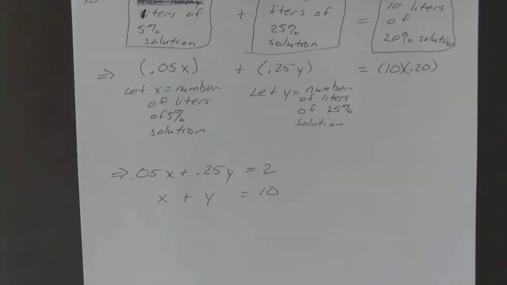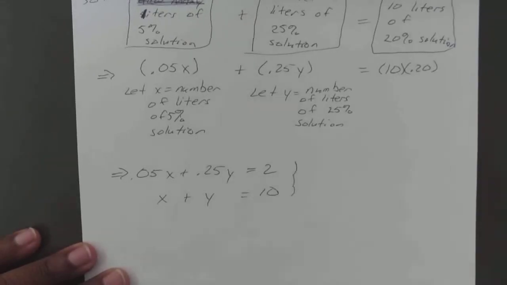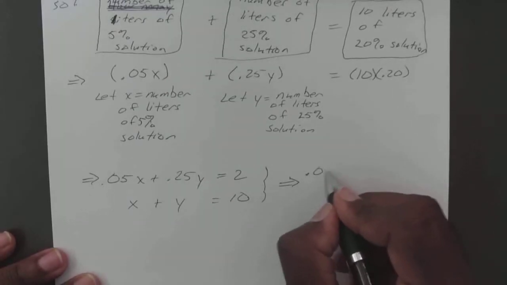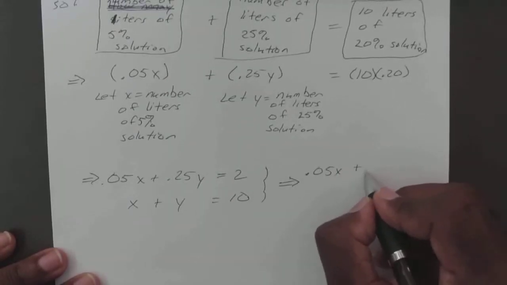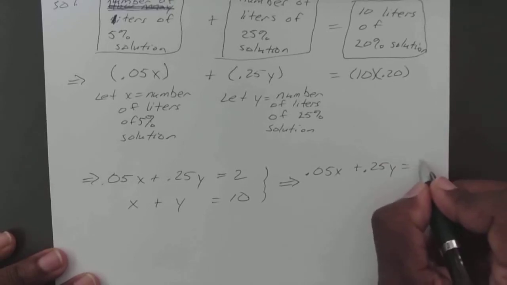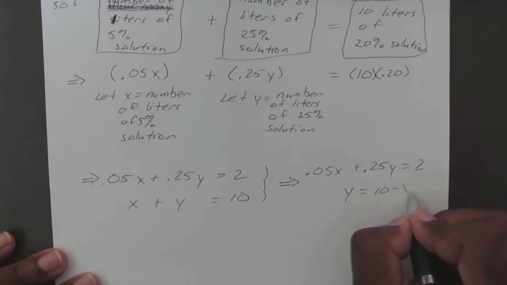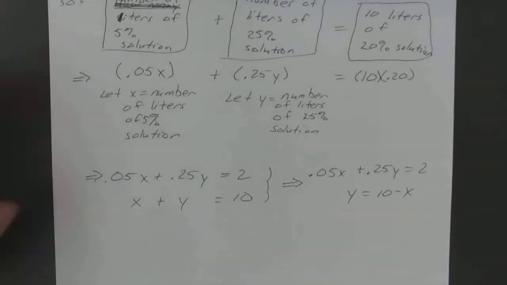Just like before, all we have to do is solve for either x or y and then plug it into the first one, and it'd be a whole lot easier than trying to eliminate and all of that other stuff. So we have 0.05x plus 0.25y equals 2, and y equals 10 minus x.